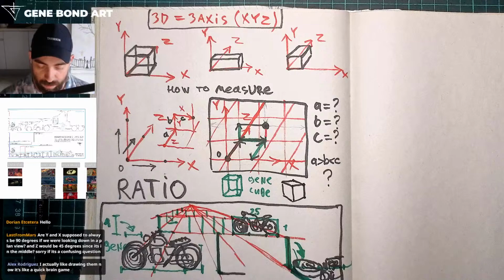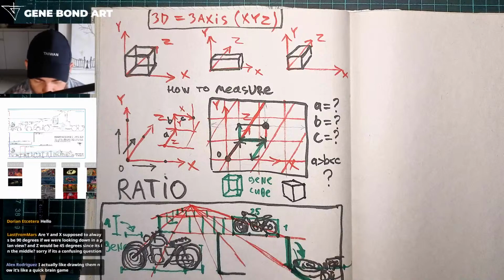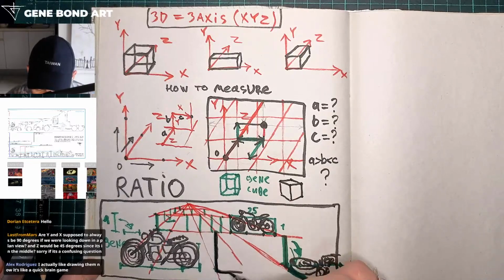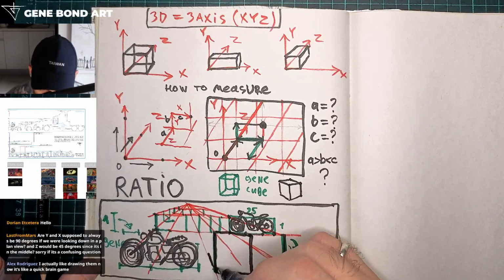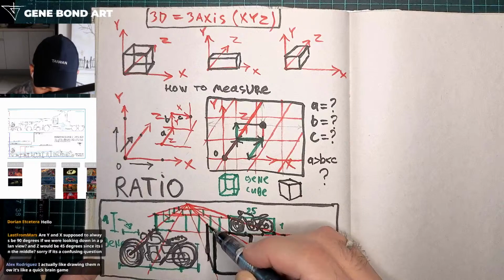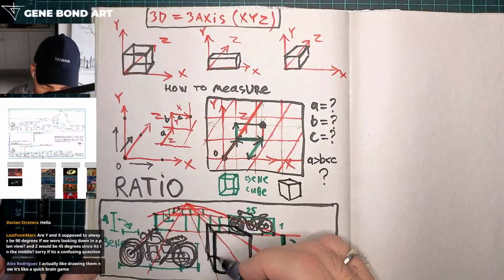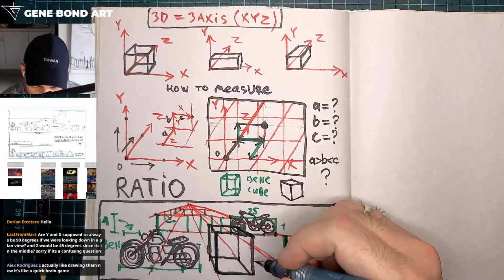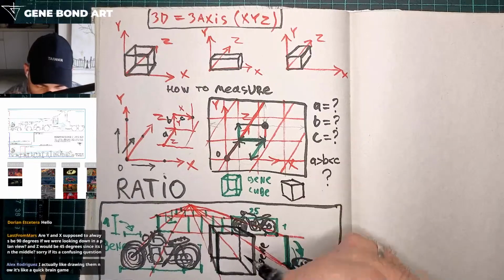And once you are able to do this, you can say, here I just place it, not very good, but let's say, knowing one side here, now I just build a cube according to my measurement. So now I have this kind of zixel in perspective, right? This is my one gene cube here.